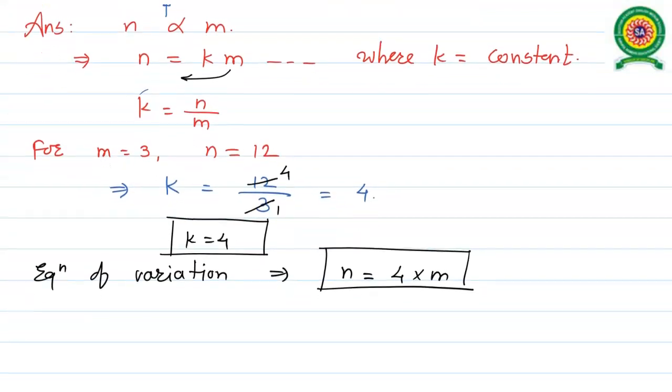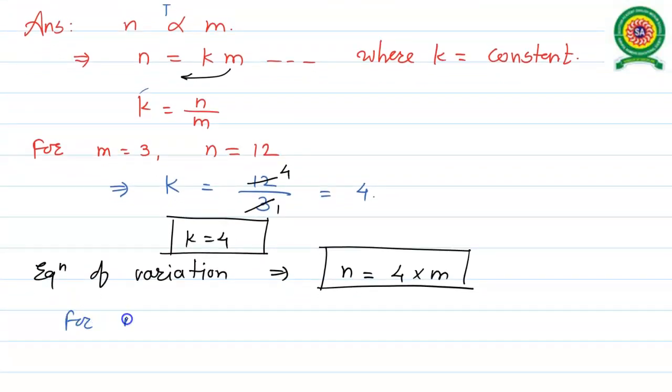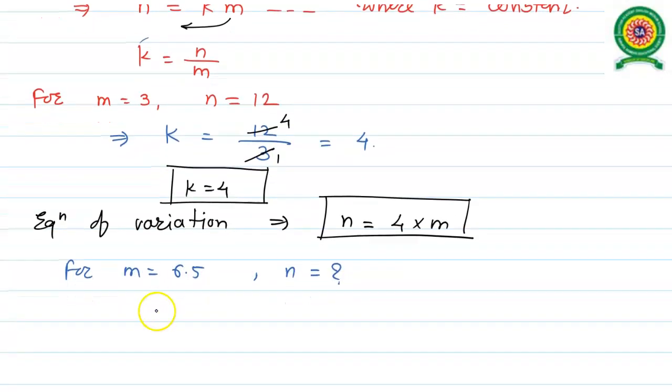For m equals 6.5, the equation of variation n equals 4 into m gives 4 into 6.5, which is 26.0.